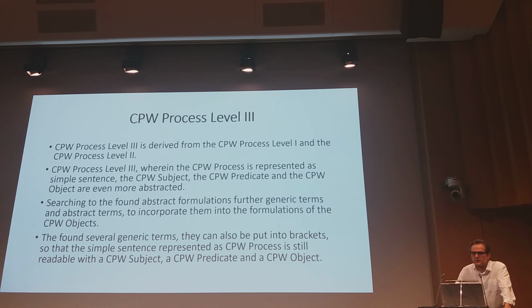We search for the found abstract formulations, the generic terms and abstract terms, to incorporate them into the formulations of the CPW objects. The found generic terms can also be put into brackets, so that the simple sentence is still readable with a CPW subject, a CPW predicate, and a CPW object.